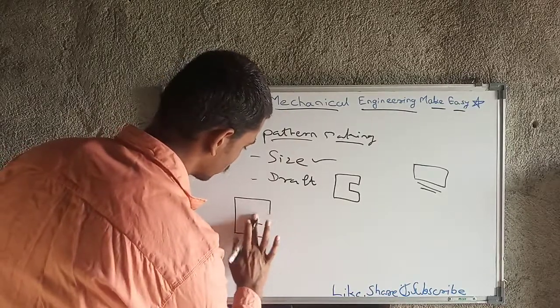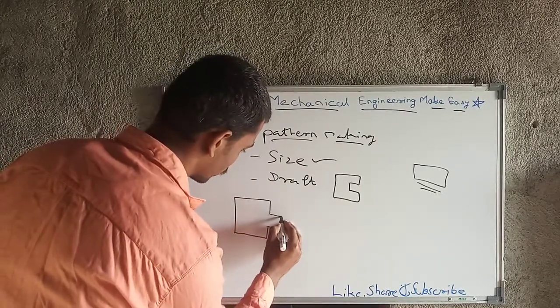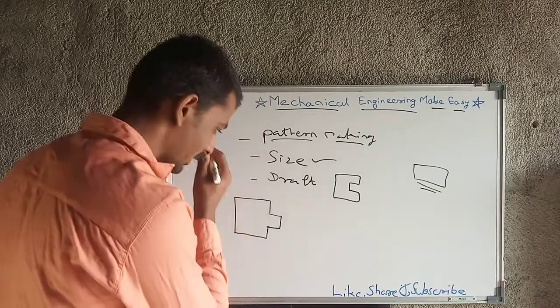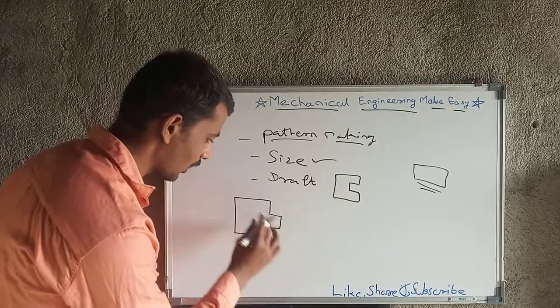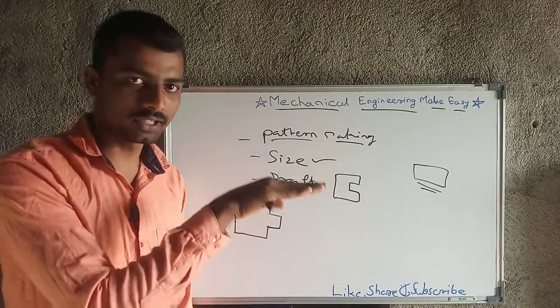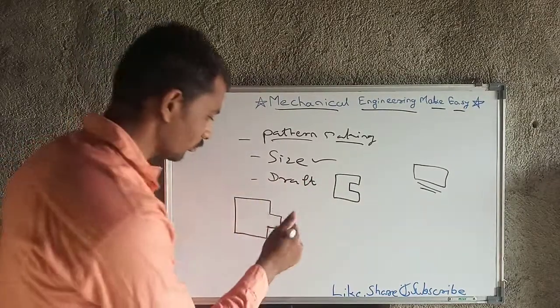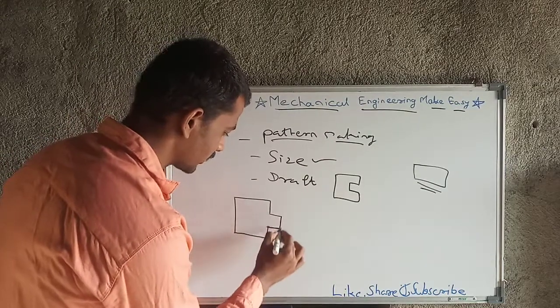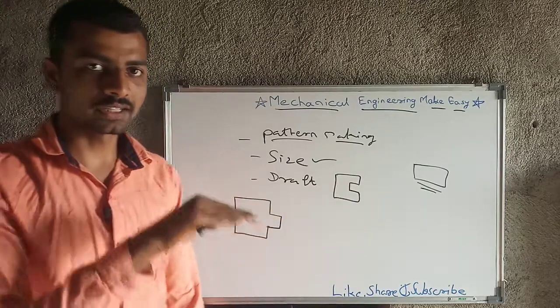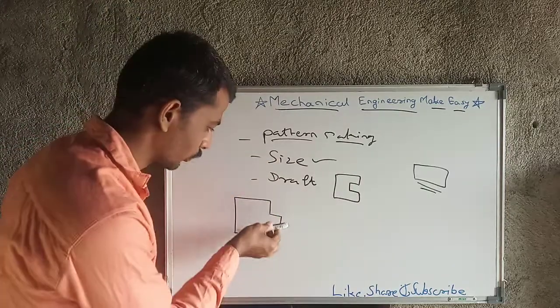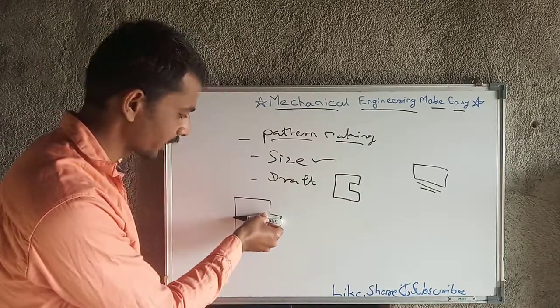So for seating that core into this space, we will make some core seating arrangement. Because of this external part of the pattern, the cavity will be made in the sand, and because of that cavity we can put the core there likewise.